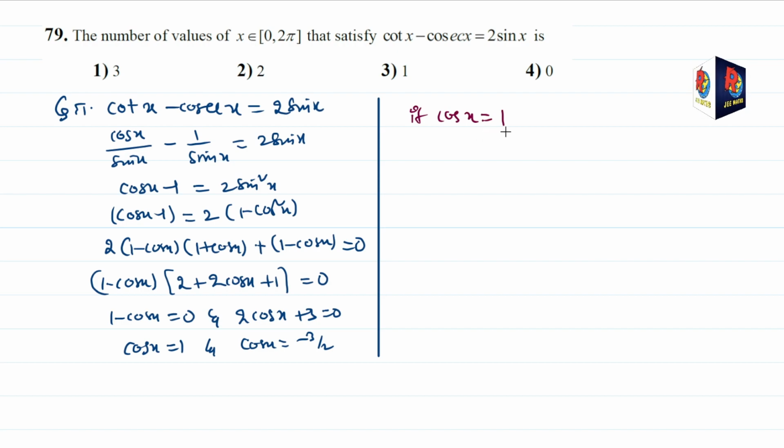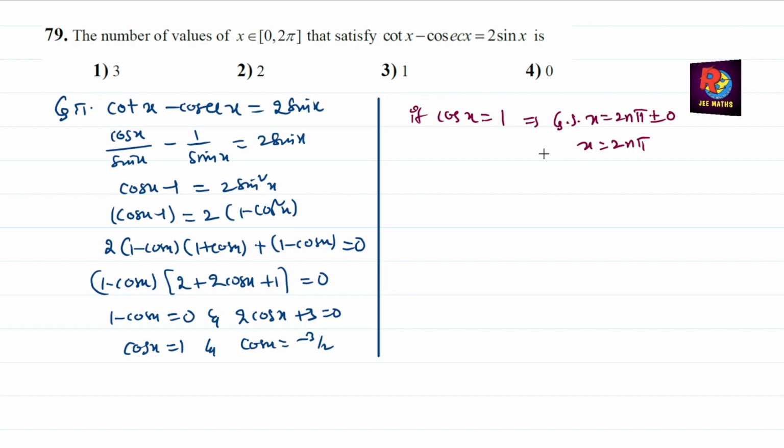If cos x equals to 1, then the general solution x equals to 2n pi plus or minus 0. So that is nothing but x equals to 2n pi. If I take 0, first term is 0 only, second term will be 2 pi only, n equal to 1, it will be 2 pi only.